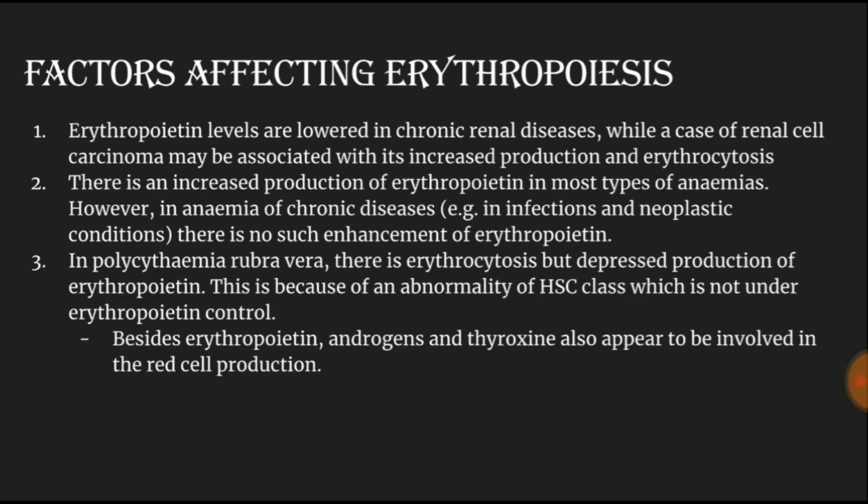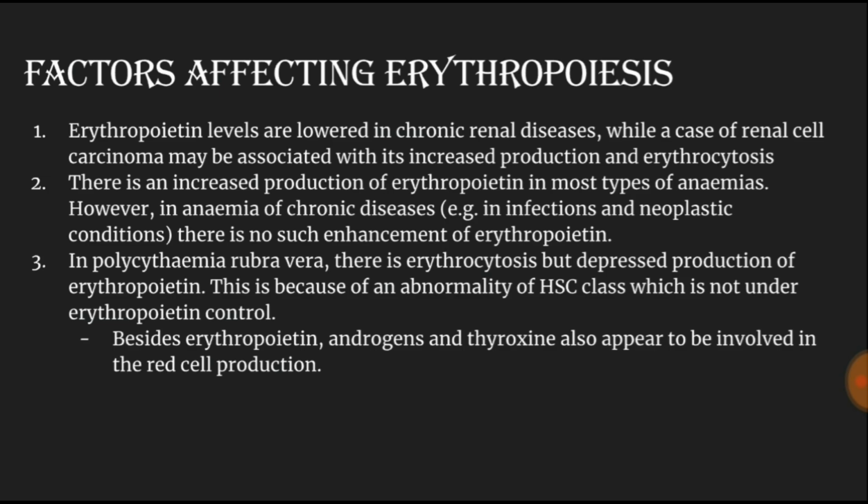Now what are the factors that are affecting erythropoiesis, the causes of lowering or increasing erythropoiesis? There is decreased production of erythropoietin due to chronic renal disease as well as renal cell carcinoma, as I specified before. And there is increased production of erythropoietin when there are different types of anemias.